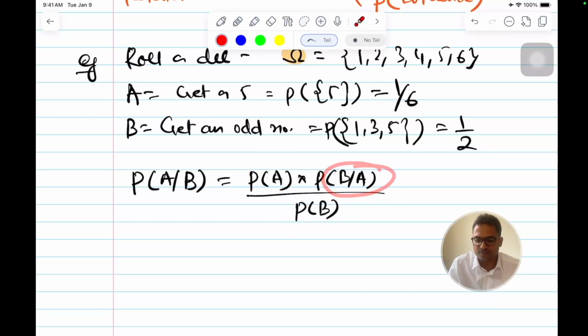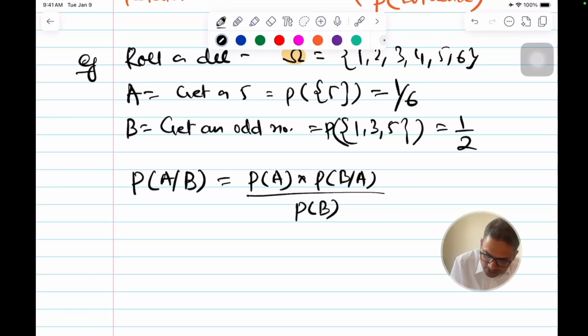So let's focus on probability of B given A. What is probability of B given A? It is the probability of getting an odd number given that I have seen a 5, given that we have got a 5.